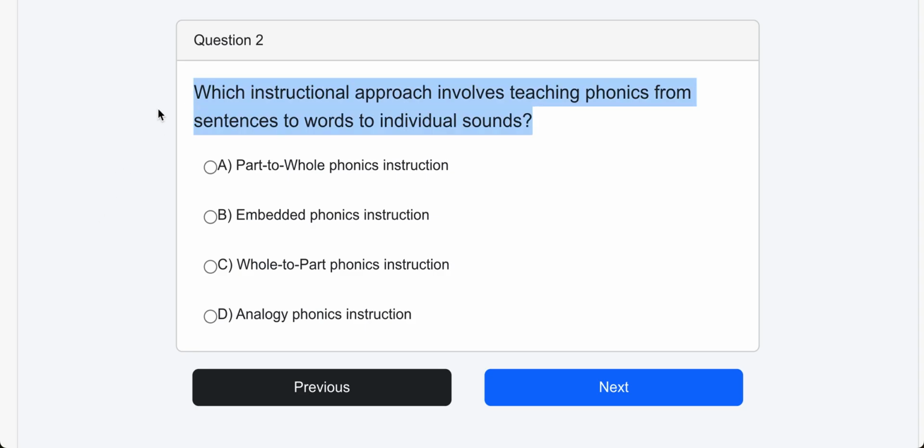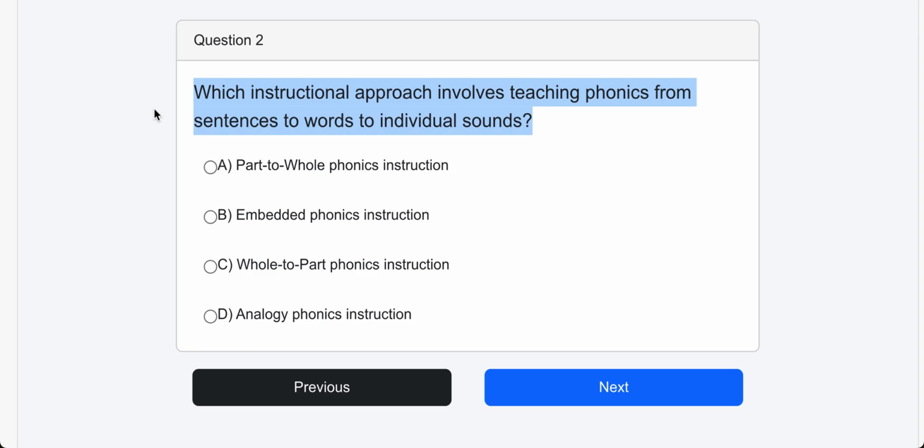This question reads, which instructional approach involves teaching phonics from sentences to words to individual sounds? Take a moment here to read answer options A, B, C, and D. Try your best to select the most appropriate answer. All right, this chapter does have a lot to do in our study guide with the different instructional strategies, whether that is whole to part or part to whole.